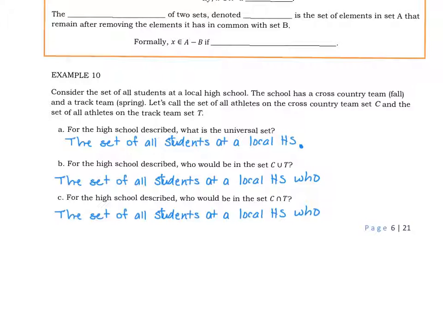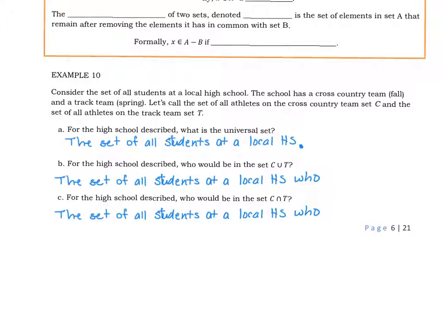So on B, for the high school described, who would be in the set C union T? So that would be the cross-country team or the track team. So if you look up at your definitions of union, formally we're looking that x is an element of A or B or both.